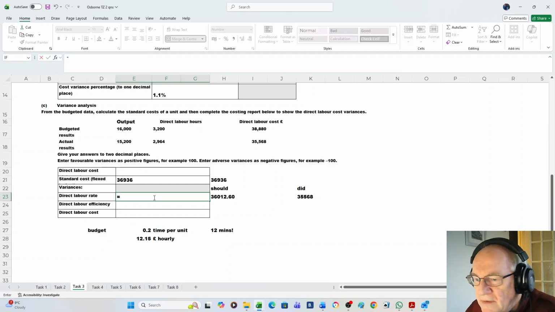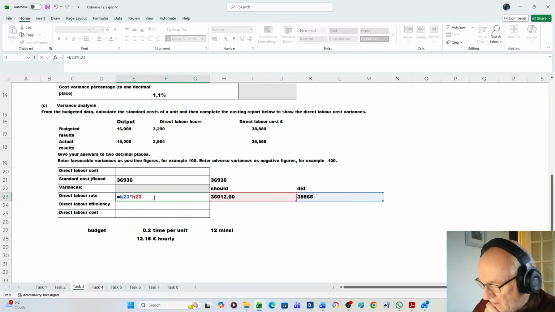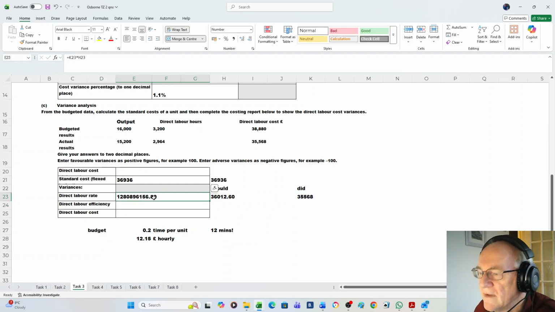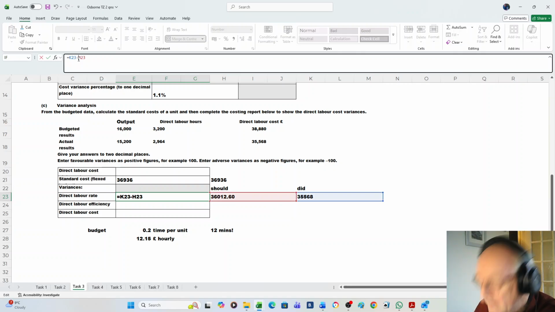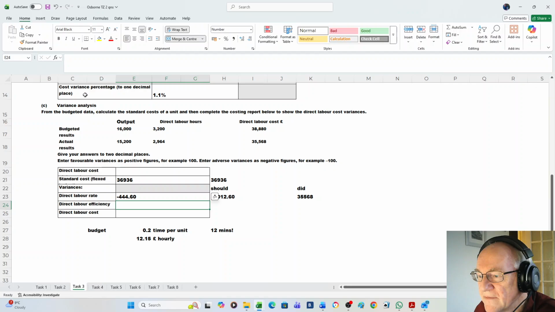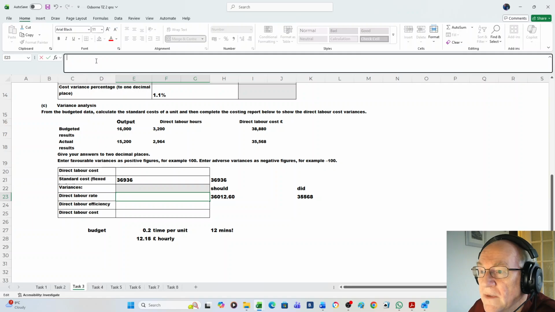So if we do A23 minus H23, that would be our answer if I'd hit the minus symbol instead of the plus, because I've got to have the light off. Probably it's best to do it the other way around, because it's a favourable, so I would actually have got that one wrong.